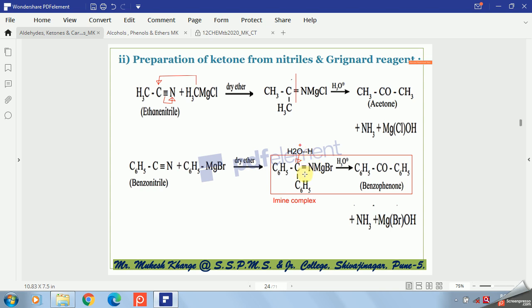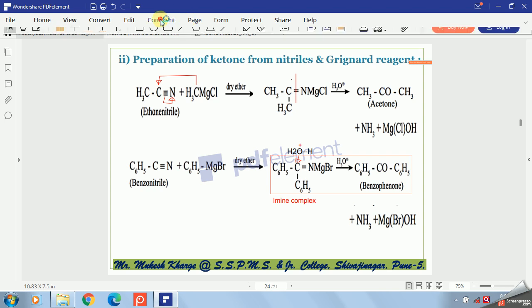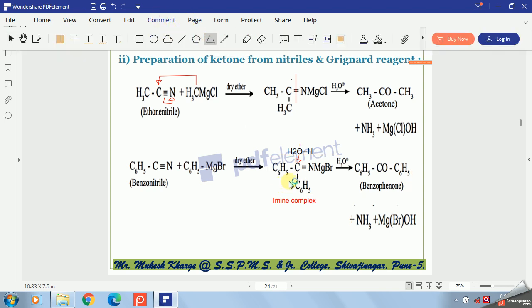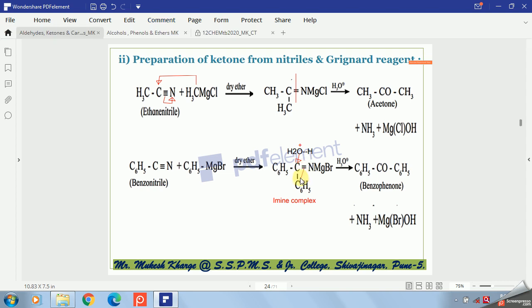So before that, this nitrogen form. If we attach OH2 to this carbon, the carbon becomes pentavalent. To make it tetravalent or to convert into a stable product, the double bond gets converted to single, and then you can add this hydrogen to this nitrogen, like this.